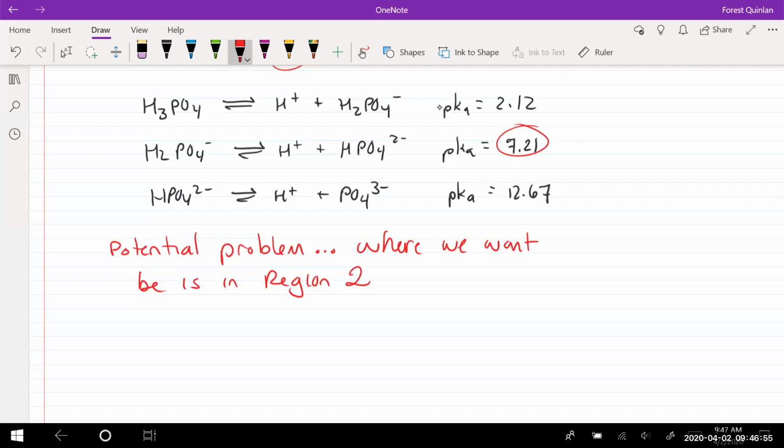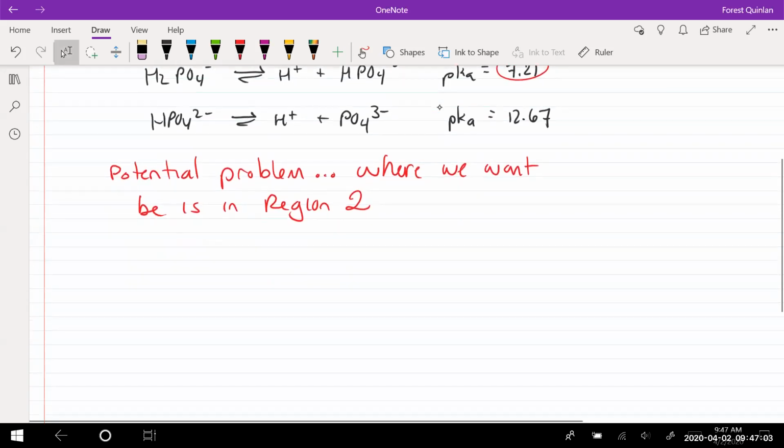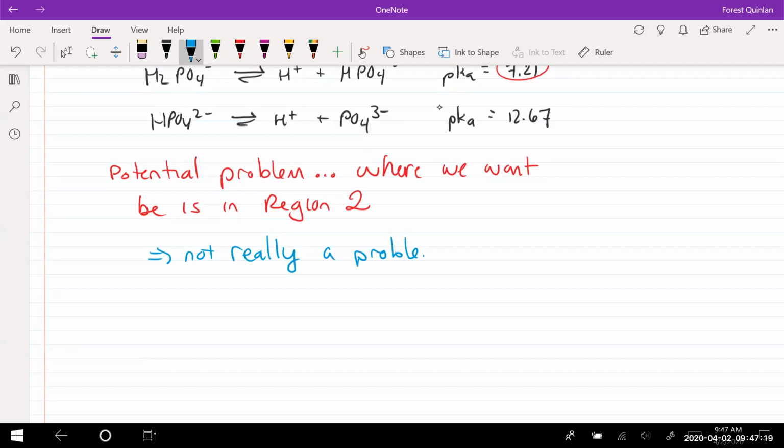Okay, so it's a problem, but it's not. We did this titration with a monoprotic last time, and it was merely just add this much stuff in. It really is going to be exactly the same. When I say potential problem, it's really not a problem, because all we really have to do is figure out where we would need to be in region 2 to begin with, and just dump in all the excess that we need to get to region 2 in the first place.